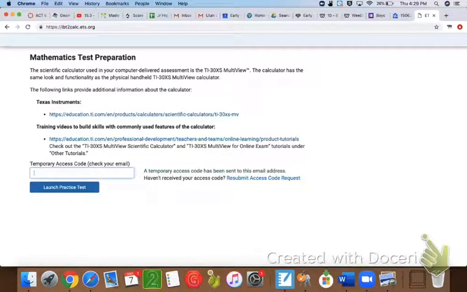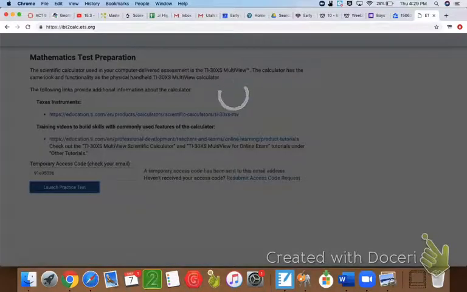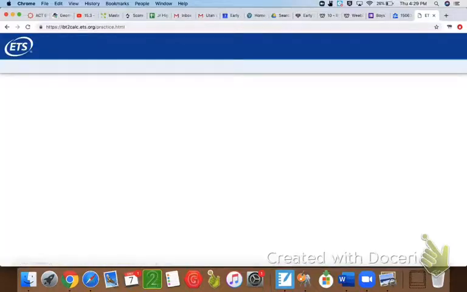And then you get a code sent to your email. So let me check mine really fast. Okay, so mine is 91E95036. Okay, and then it's going to take you to this practice test, which you actually don't do the test. I'm just using it to get to the calculator.